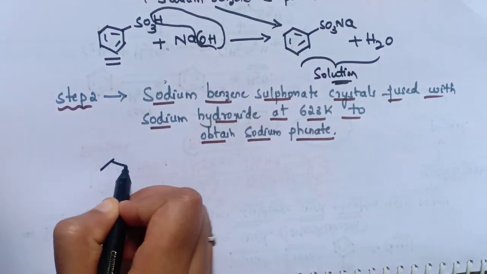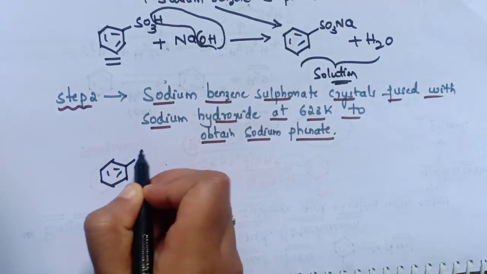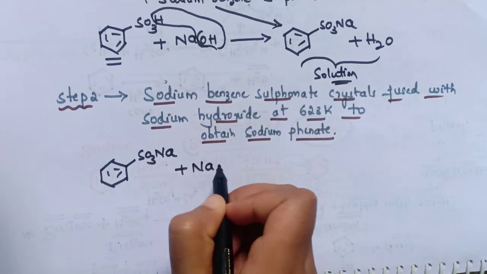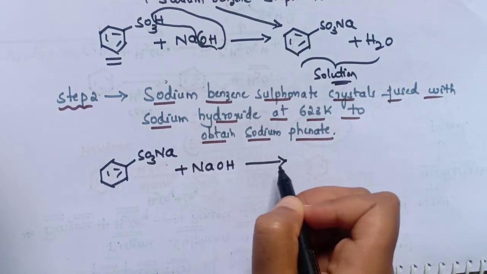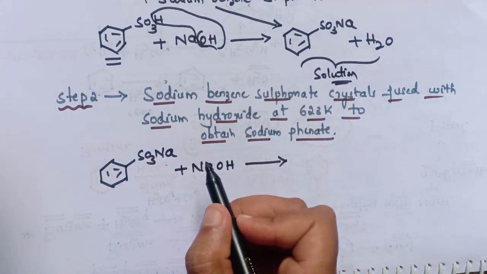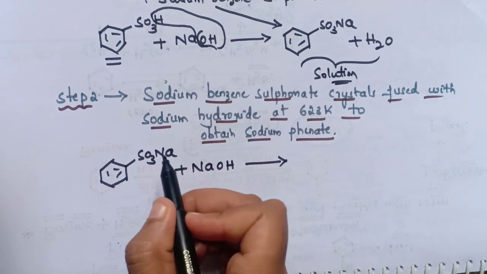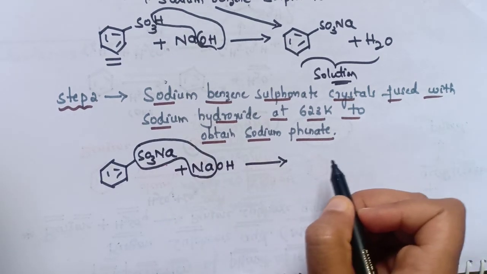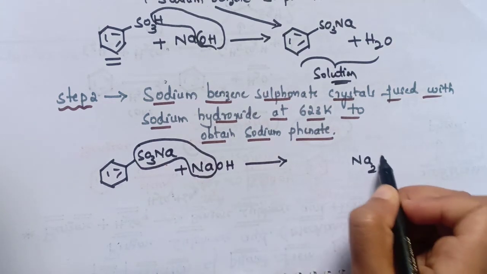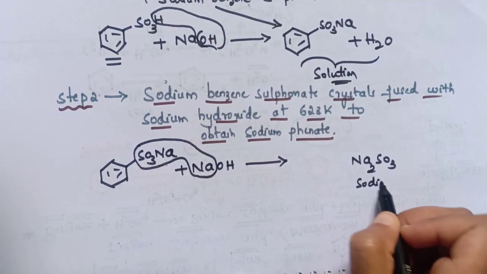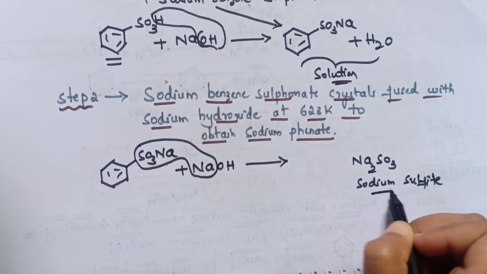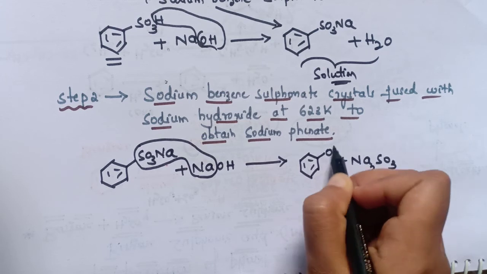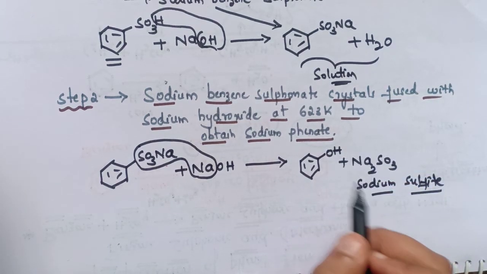Sodium benzene sulfonate, that is SO3Na, when it is fused with sodium hydroxide, that is NaOH, will give us the formation of sodium sulfite, that is Na2SO3, and the formation of phenol takes place. Now it is not the final reaction.